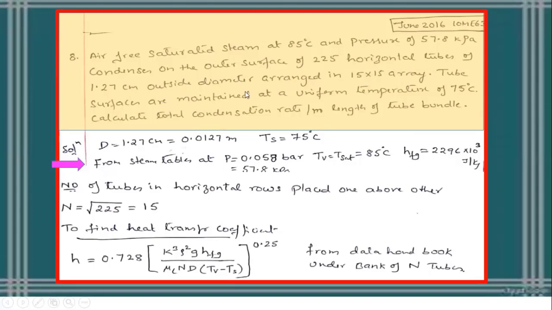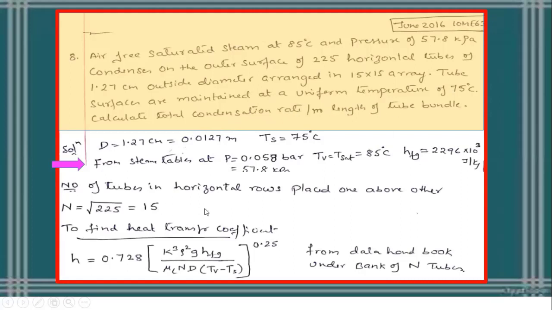That means you have 15 tubes horizontally and 15 tubes vertically, totally 15 by 15, which is 225 tubes. The tube surfaces are maintained at a uniform temperature of 75 degrees centigrade. So the surface temperature Ts is 75 degrees centigrade. You need to find out the total condensate per meter length of the tube bundle.